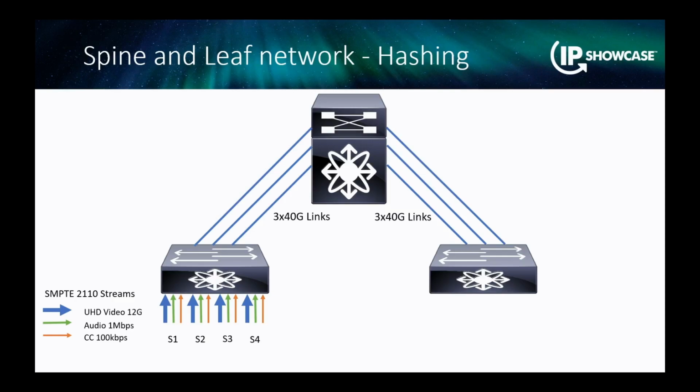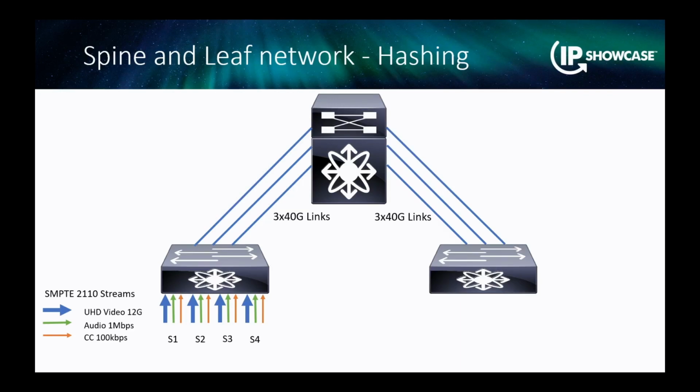It can occur in both layer 2 and layer 3, but let's look at this from the layer 3 perspective. On the bottom left, you have a little agenda over here. We have a video stream of 12 gig, an audio stream of 1 megabit, and closed caption of 100 kilobytes. On the bottom left leaf here, we have 4 senders, each originating all 3 types of traffic.